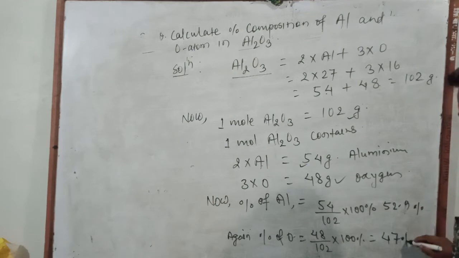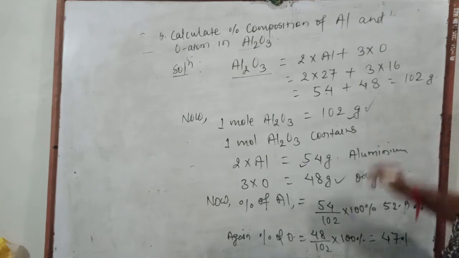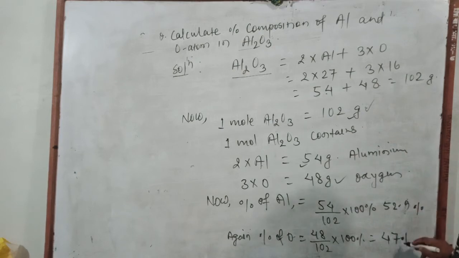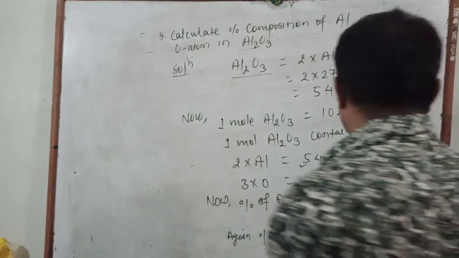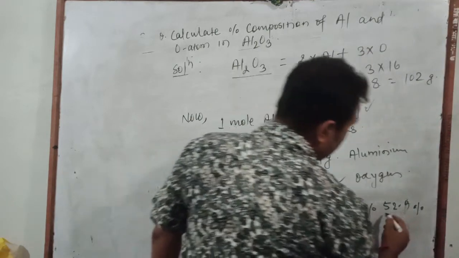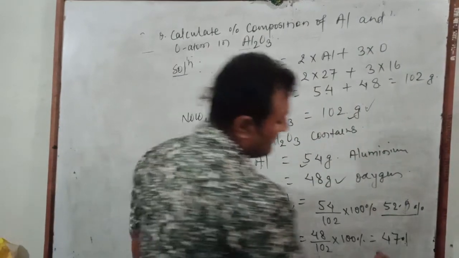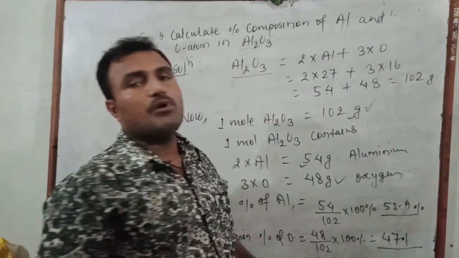Why? Because by adding these two, we should find the total mass is 100%. So the percentage of aluminum is 52.9% and oxygen is 47.1%.